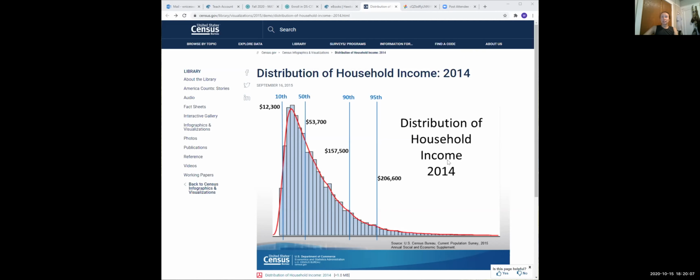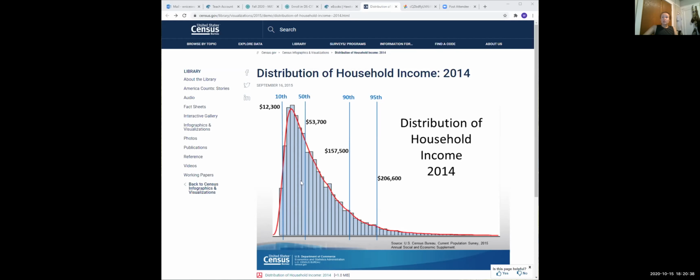distribution of household income in 2014. So this is a frequency distribution. And the height of these bars tells you the count of households, the number of households that make these amounts of money, okay? There's only a very small amount of households that make, I guess this is about $500,000, $1 million.